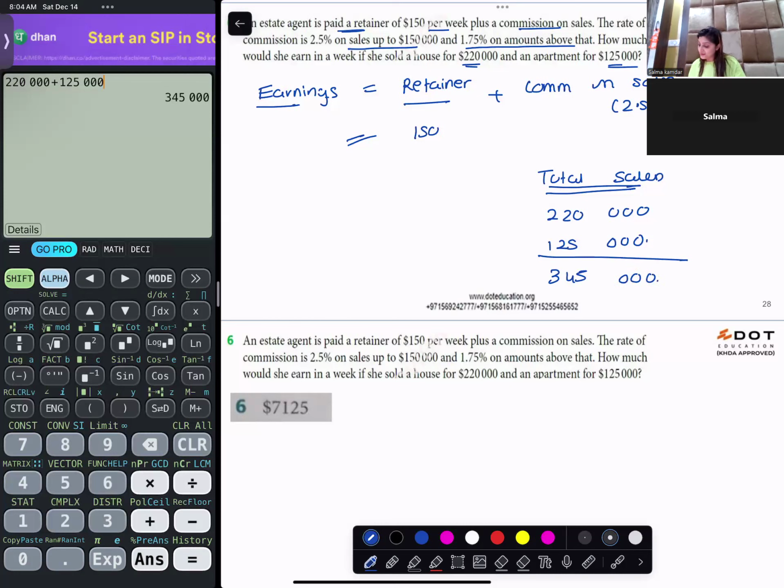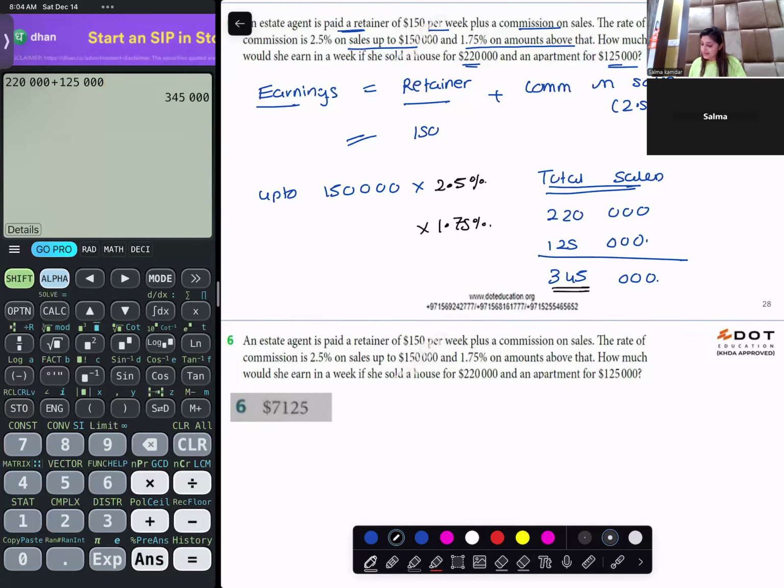Up to 150,000 she is going to receive a commission of 2.5%, and she's going to receive 1.75% on amounts above that.